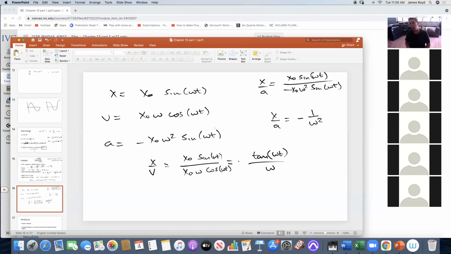So if you knew omega, you could find out what t was, even if you didn't know what t was. There's other ways to find other things on here, but essentially you could use this to find omega, use this to find t, and then plug t back in to find x naught.